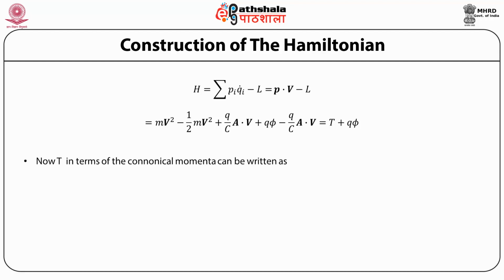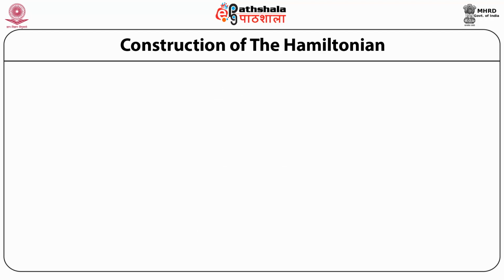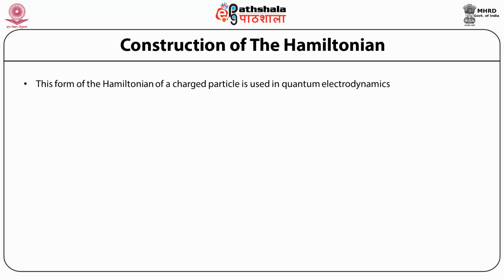Now, the kinetic energy T can be expressed in terms of the canonical momenta as T is equal to 1 by 2m times P minus q by c A whole square, where A is the vector potential. Therefore, the Hamiltonian becomes 1 by 2m times P minus q by c A whole square plus q phi. This is the form of the Hamiltonian of a charged particle which is used in quantum electrodynamics.